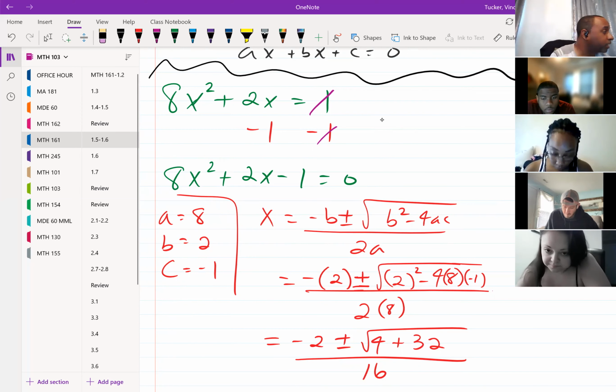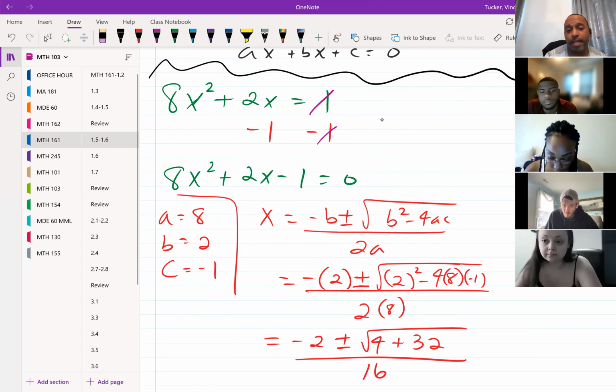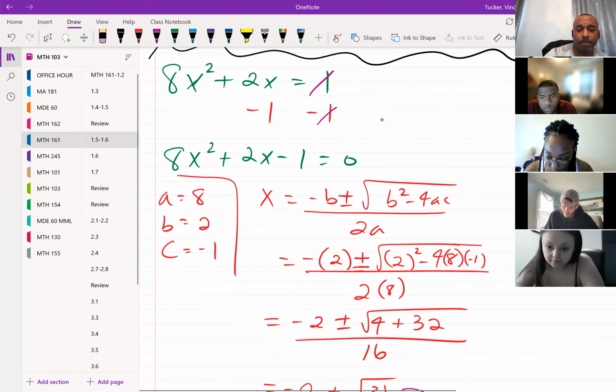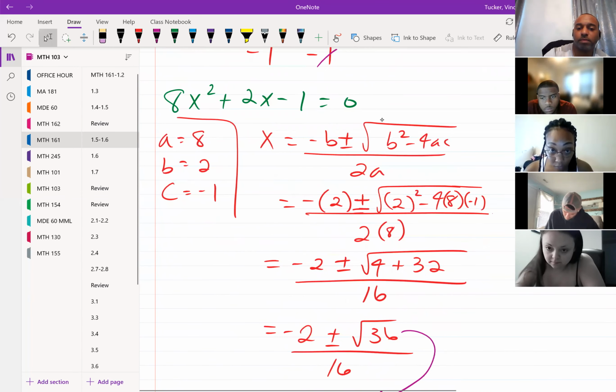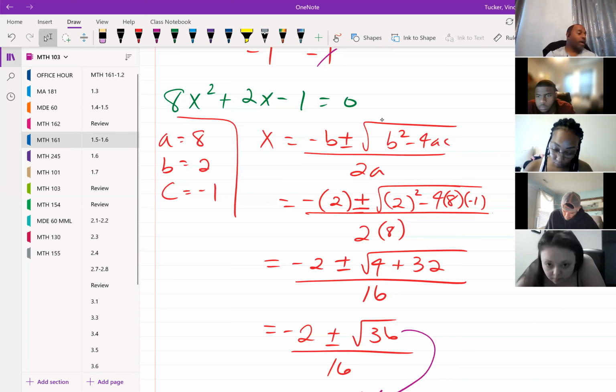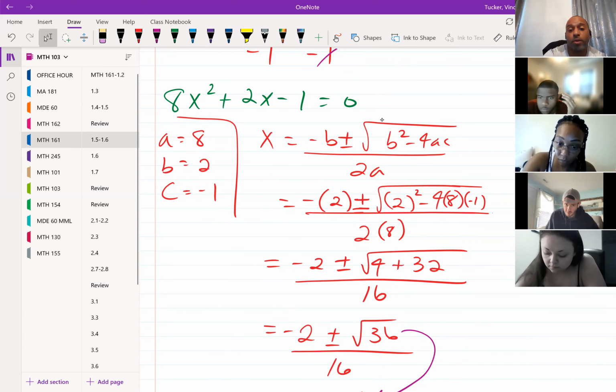So from there, you can go ahead and simplify what's under the radical. 2 squared is 4. Negative 4 times 8 times negative 1 would be positive 32. 2 times 8 on the bottom would be 16. Under the radical still, 4 plus 32 is 36.